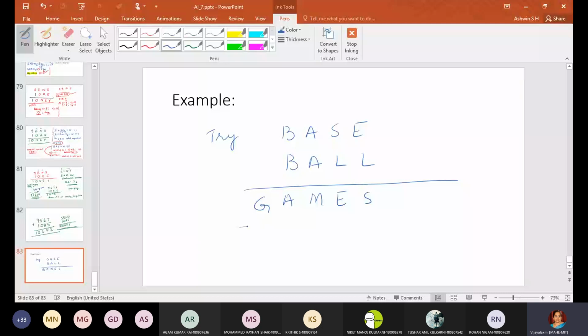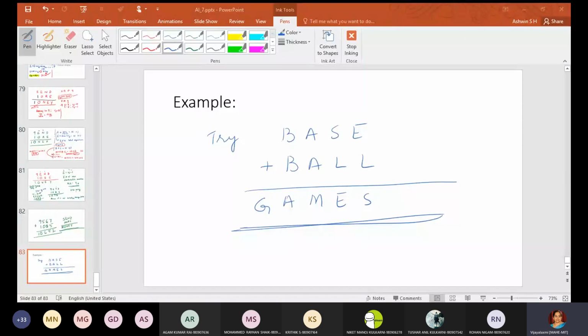So using crypto arithmetic, you assign digits 0 to 9 to BASE plus BALL, which is equal to GAMES. Okay. All of you take it down. Next class we will check the answer.